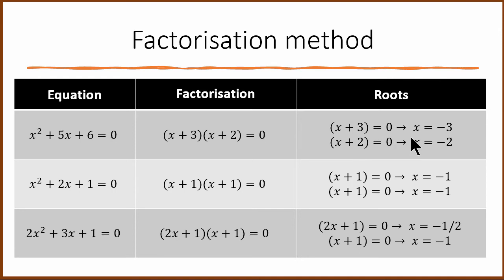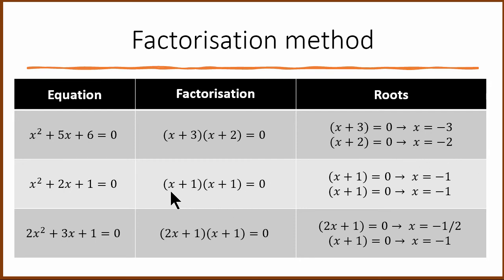And once we equate this to 0, we can say that x is either minus 3 or it's minus 2. Okay. So we take an equation like this, factorize into x plus 3, x plus 2 equals 0, then equate each of those terms to 0 and show that the roots are minus 3 and minus 2.